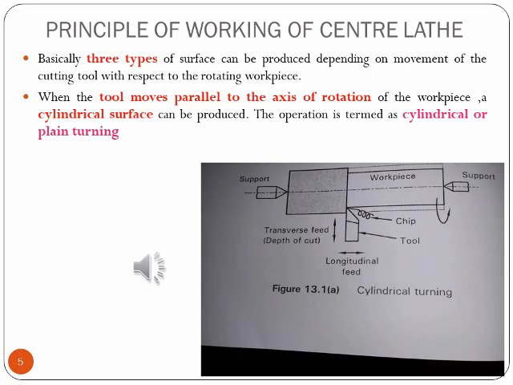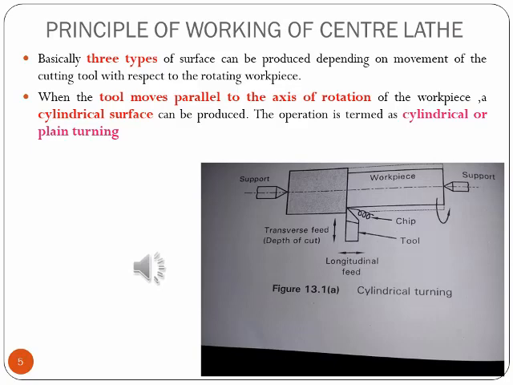Here you can see the basic principle of working of a center lathe. A lathe, basically a turning machine, works on the principle that a cutting tool can remove material in the form of fine chips from the rotating workpiece to produce circular object or cylindrical object.